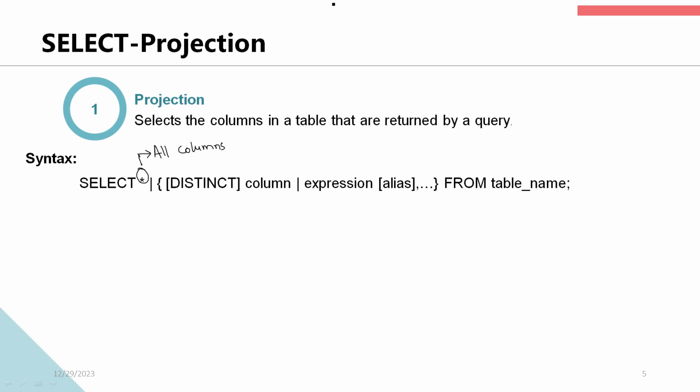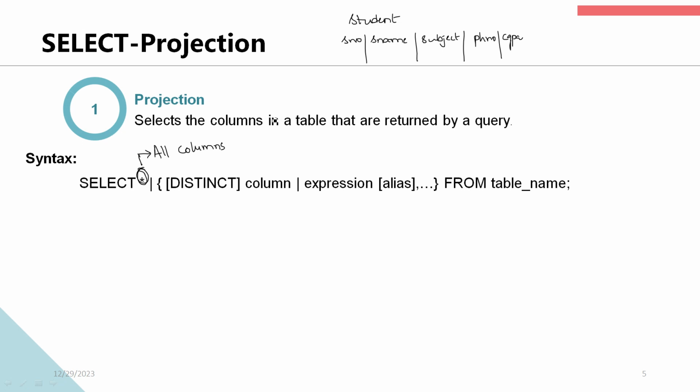As an example, say I have a student table with the student roll number, student name, the subject in which they got the marks, their phone number, and their CGPA. This is the data that I have. So if you want to retrieve all the student attributes, irrespective of each individual attribute, just mention star.